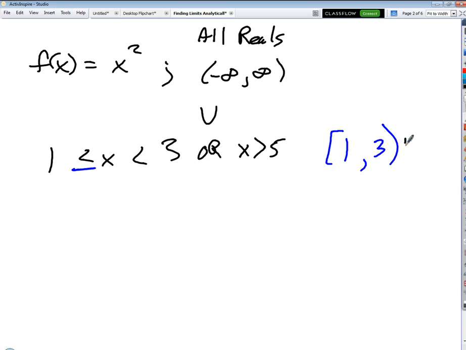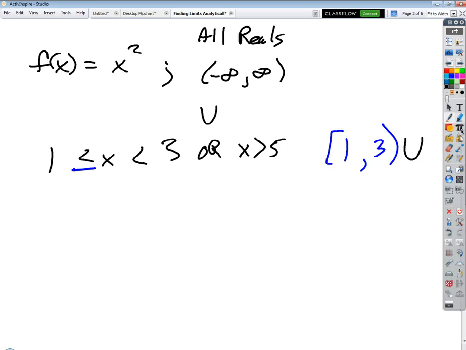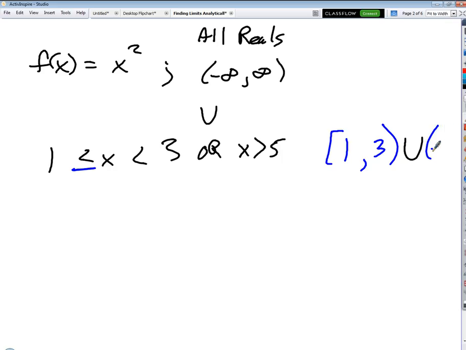We could do this symbol, and then go 5, infinity, right? Or we could do this, comma, that's fine. Commas are acceptable. They separate parts of a domain.